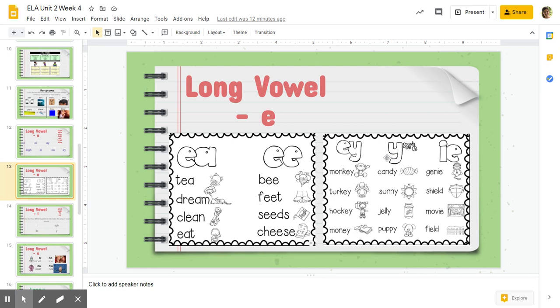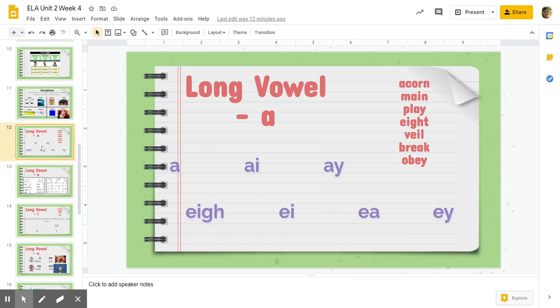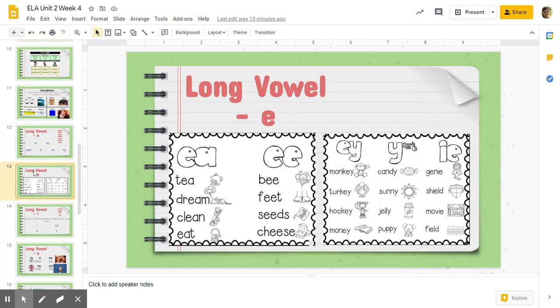Could be just a Y. Candy, sunny, jelly, puppy. Or it could be this IE, genie, shield, movie, field. So there's a lot of different ways. And like I said, in our long A vowels, some of them are similar. So you need to make sure that you are saying the word. Don't just guess. Don't just go based on your pattern.